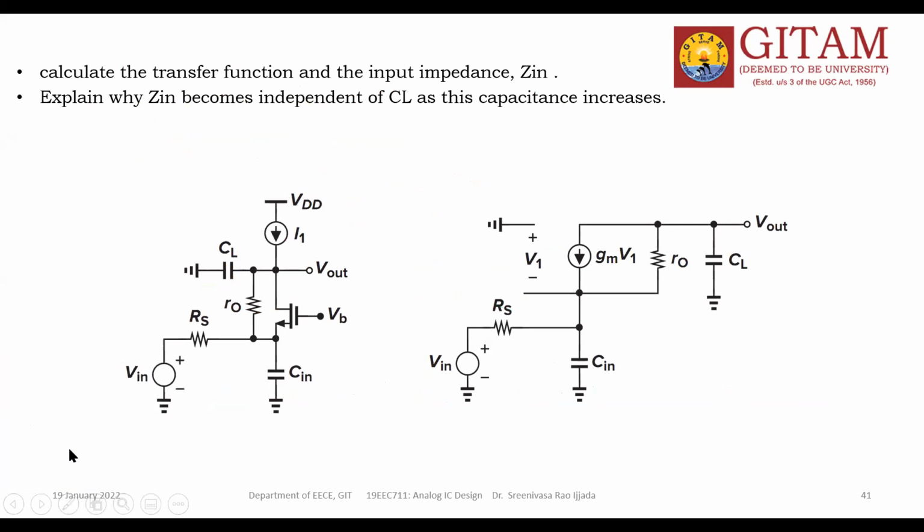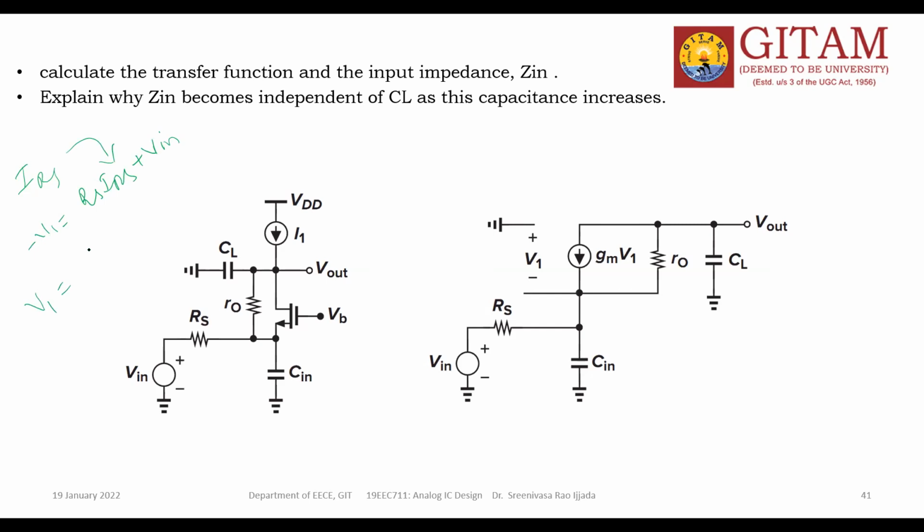So from the KVL equation, first find the current through RS. Then from the KVL equation you have V1 is equal to RS into IRS plus V in, and substitute this IRS value here. Then rearrange the equation to get the V1 value.